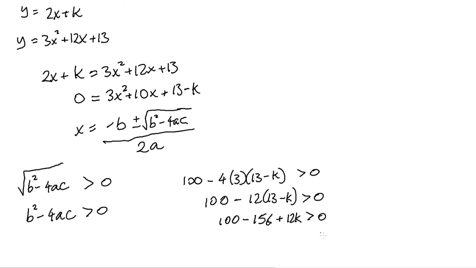So we add both sides by 56 to get 12k is 56, and therefore k has to be larger than 56 over 12, which is also the same value as 28 over 6, which is also 14 over 3.